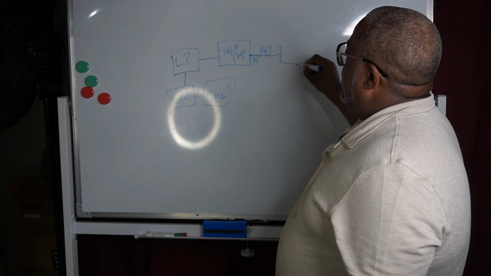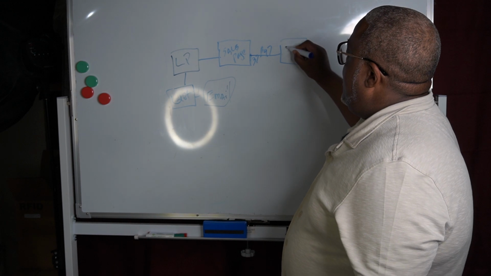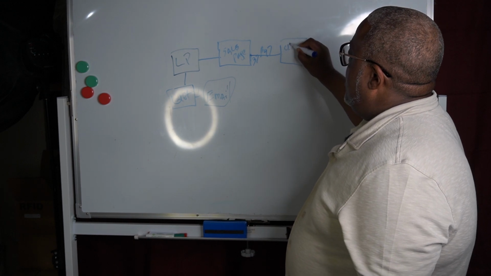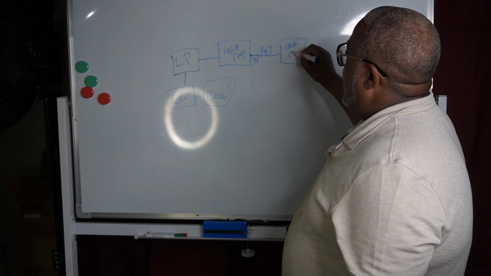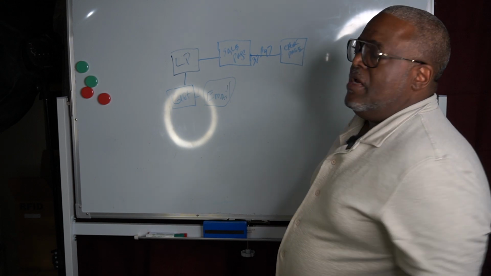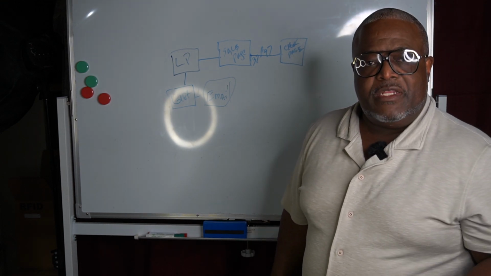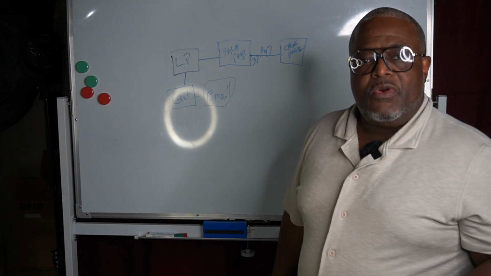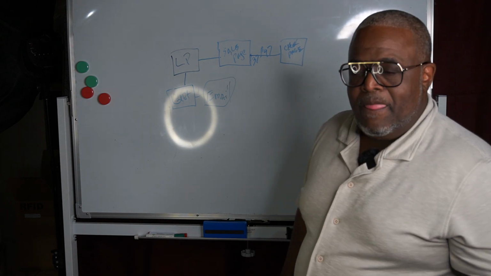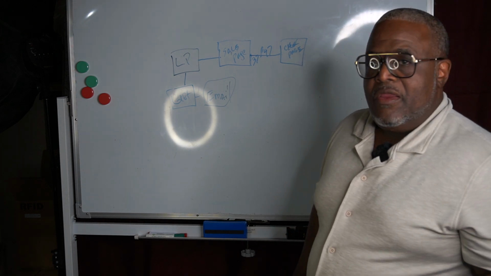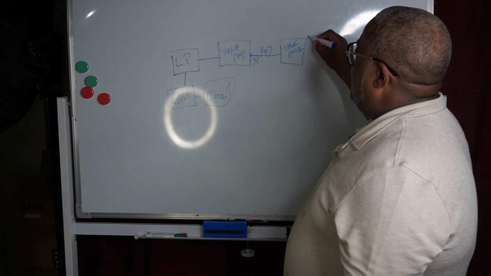Once they're in the sales page, then they get to the checkout page. Now, the checkout page, ladies and gentlemen, is where they'll have to put their credit card information, the information they need in order to complete the sale. But while they're there, you're going to do what's called an upsell.